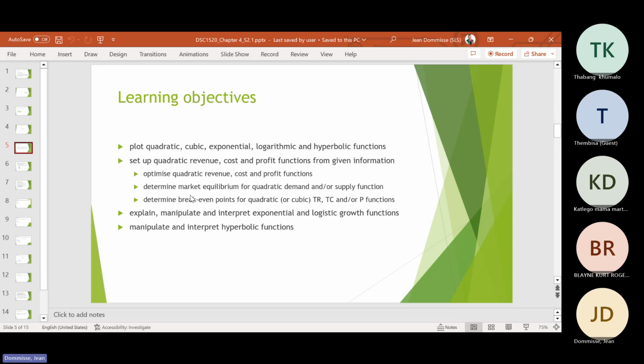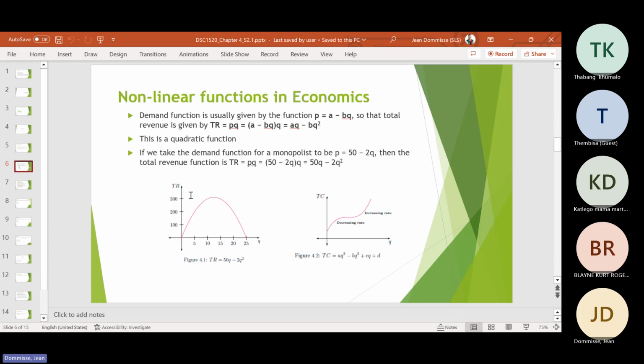So suddenly we'll look at revenue, cost, profit, how you work out total revenue and total cost, and the break-even point for not simple lines, but quadratic equations.